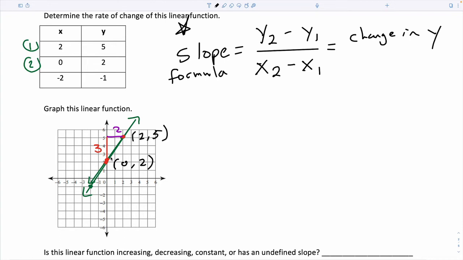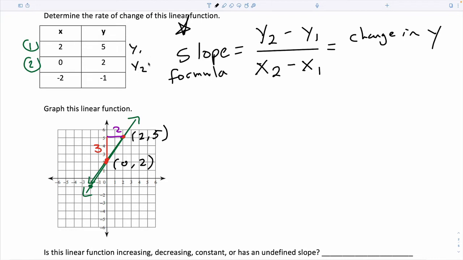When we go from 2 to 5, we actually went 3 units. So watch what I do. This is the second y value. We're going to make that y2. Here's our first y value. That's y1. You can flip it around if you want to and make this your first y value and this your second.